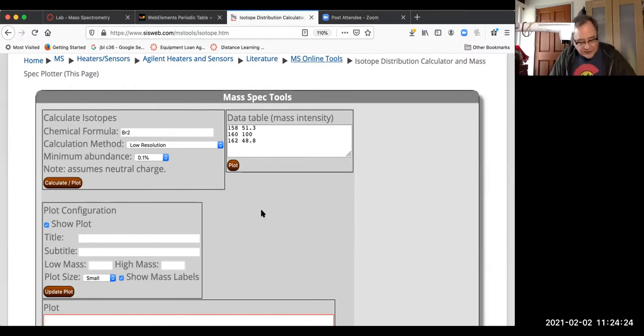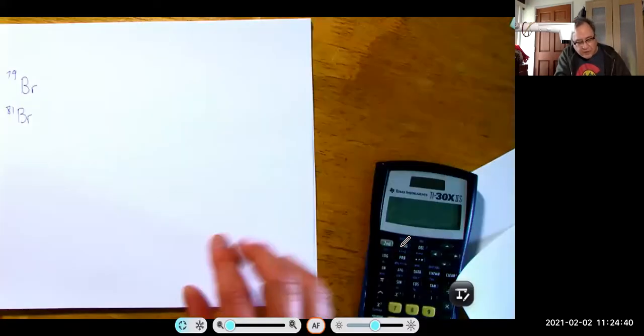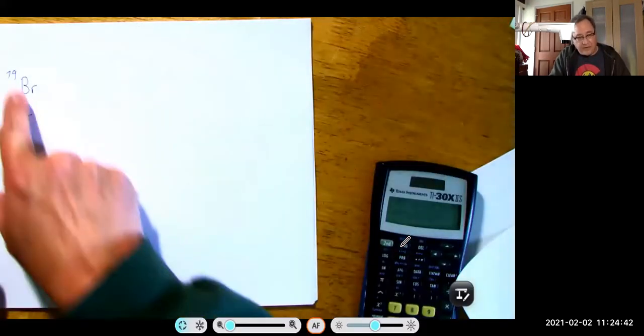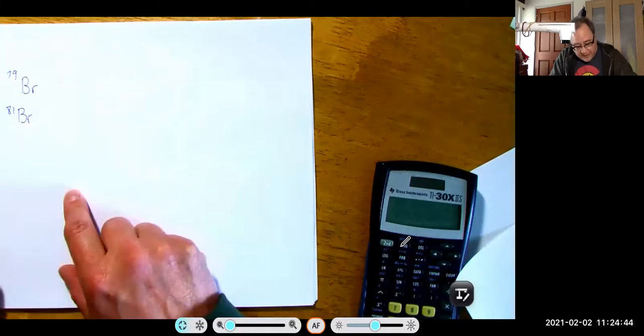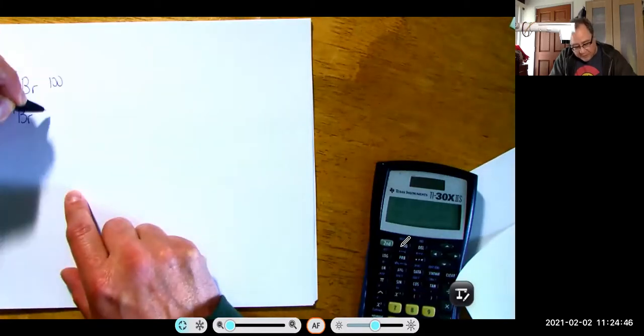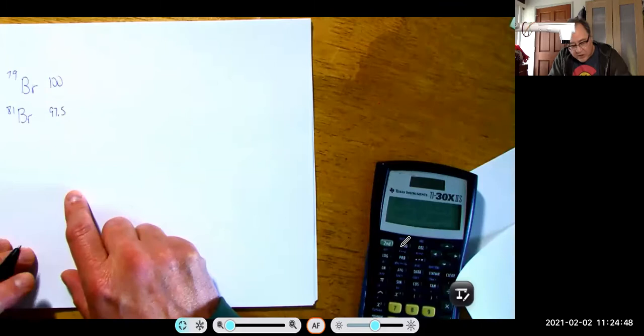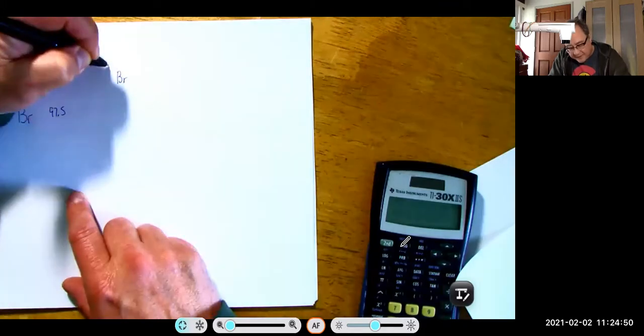What I mean by that is, if we now know that there's a bromine 79 and there's a bromine 81, so I'm going to do another share. This time we're not going to do any real calculations other than adding masses together. So we've got a bromine 79 and a bromine 81, correct? And this is 100 and this is a 97.5. Do we know we can have a 79-79?